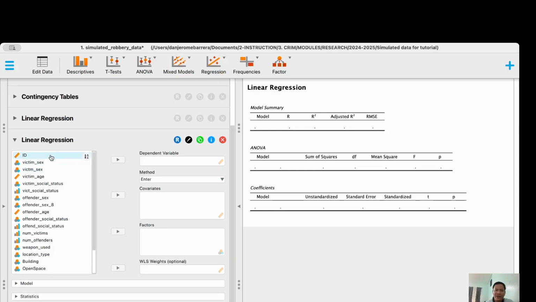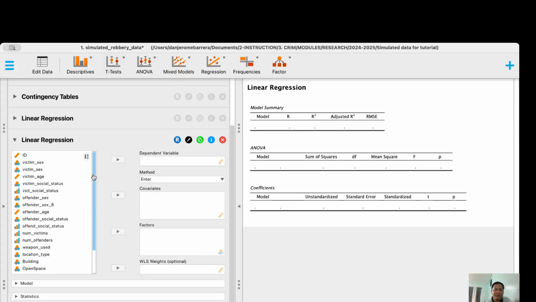We have here the list of variables, and here the windows for dependent variable, covariates, and factors. Dependent variable is our effect variable in our study. But independent variables are classified as either covariates or factors. Factors are independent variables that are categorical or nominal in nature, whereas covariates pertain to independent variables that are continuous.